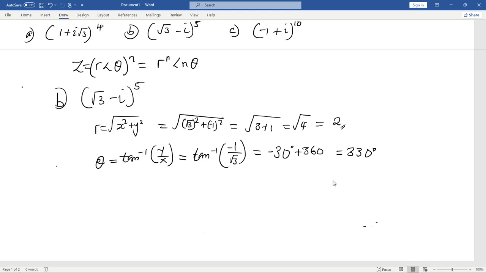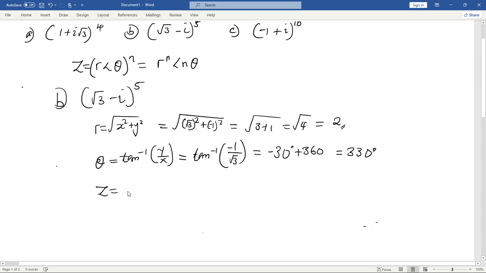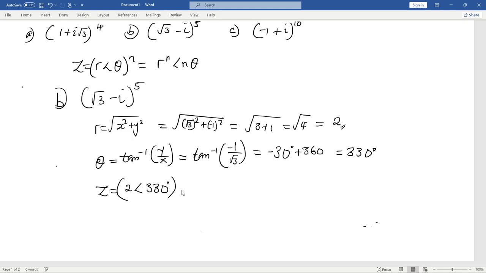Okay, so now what we're simply going to have is z equal to 2, where r is 2, and the angle is 330 degrees. If we raise this to the power 5, we're simply going to have 2 to the power 5, and 5 multiplied by 330.